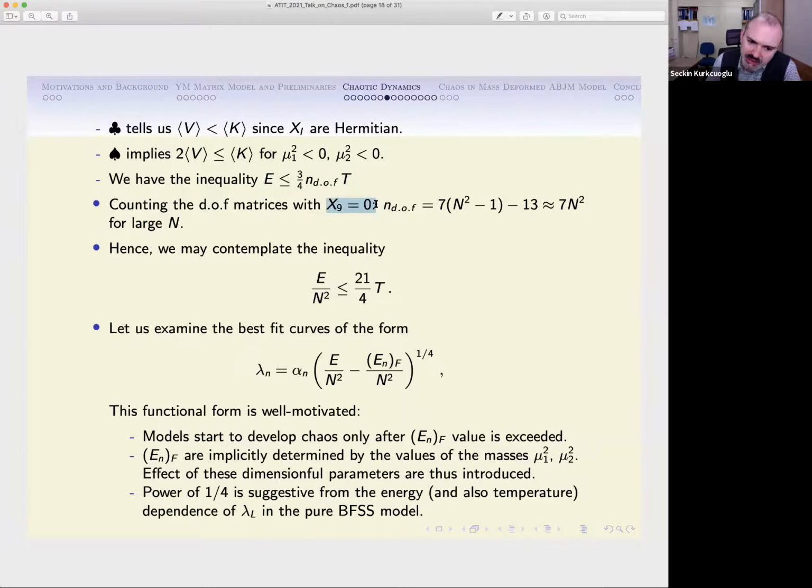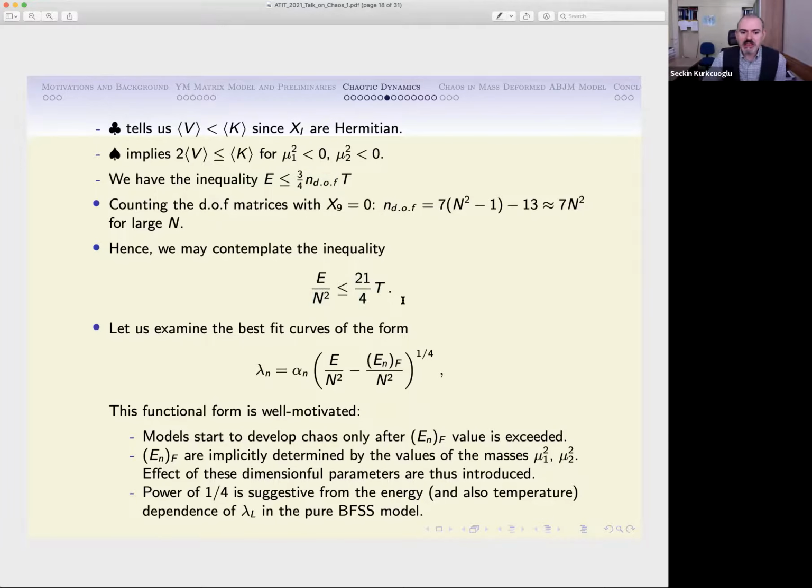And in addition, since X9 we have already set equal to 0, some degrees of freedom are discarded. And instead of 8N squared, the proper count comes to 7N squared for the original degrees of freedom in the original matrix model. So just insert 7N squared here, then divide both sides by N squared.